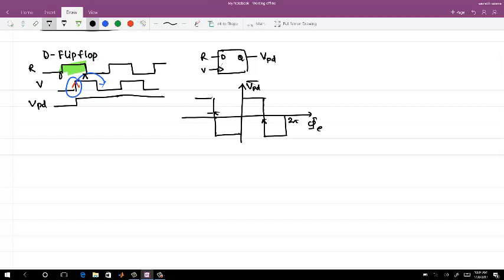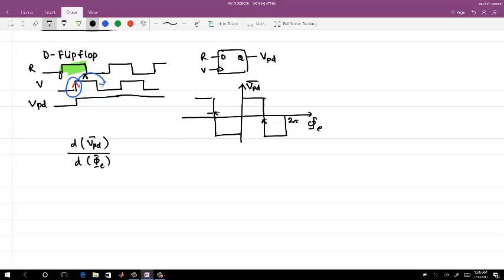You see VPD with respect to phi error, and the gain of the phase error detector is defined as the derivative of VPD average with respect to phi error at the locking point. So what is the gain the way I have plotted? Yeah, the gain of this is infinite, right?